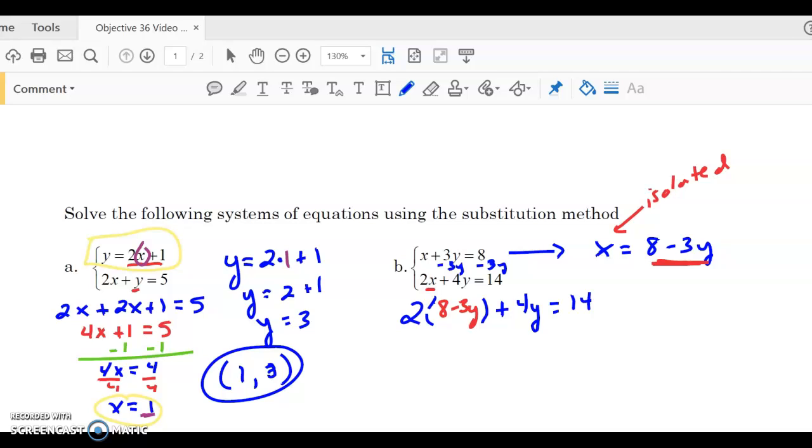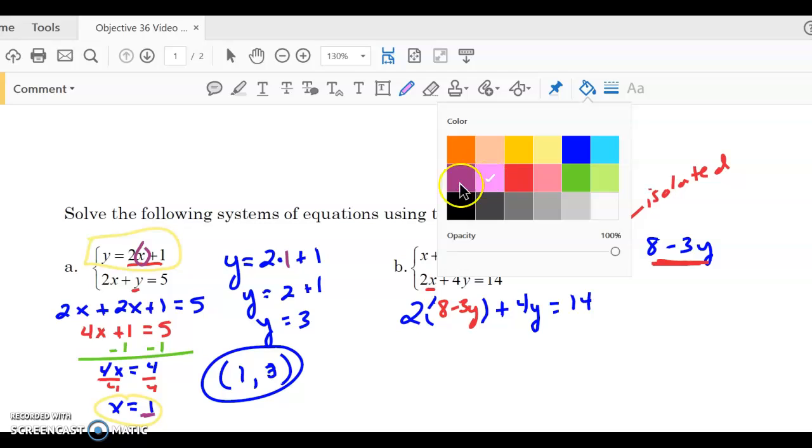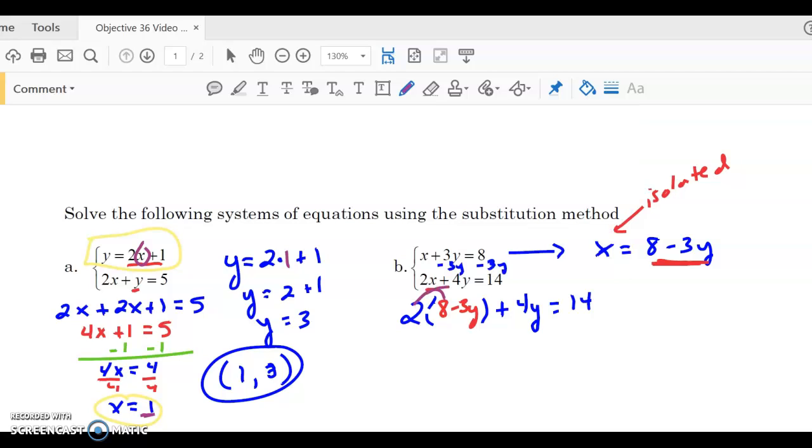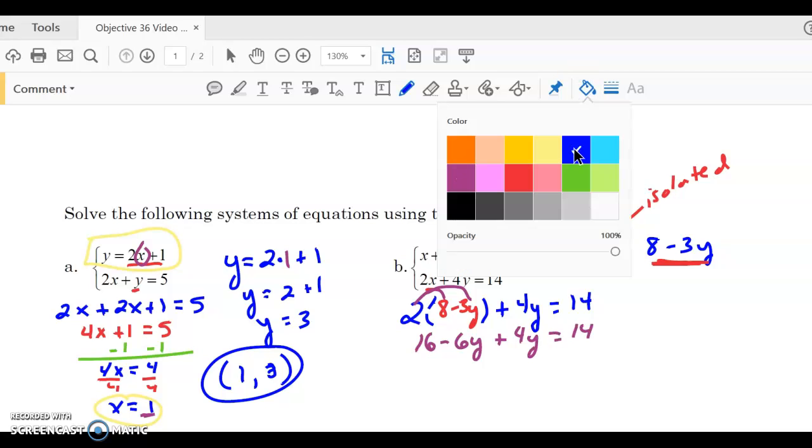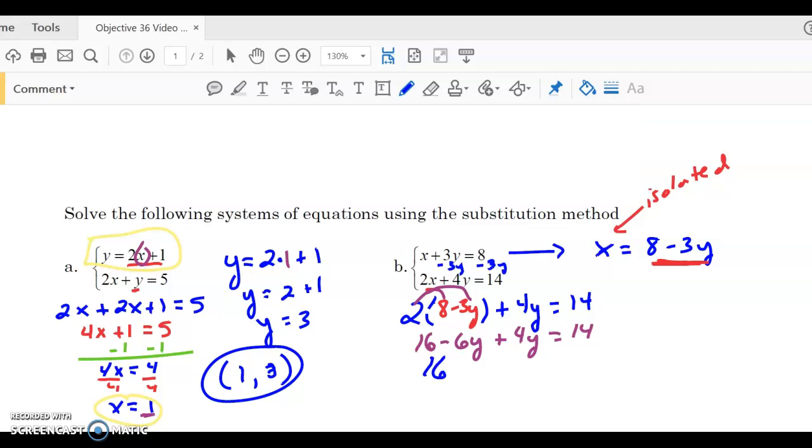Now you'll remember that we have to use the distributive property. In algebra, we distribute the 2 onto 8 minus 3y. That gives us 16 minus 6y plus the 4y equals 14. Now we can combine like terms, so we have 16 minus 2y equals 14.